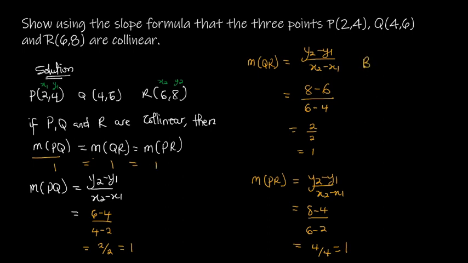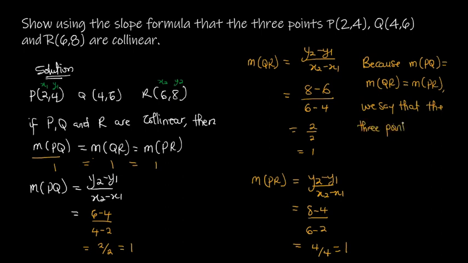So because the gradient of PQ is equal to the gradient of QR, which is equal to the gradient of PR, we say that the 3 points P, Q, and R are collinear.